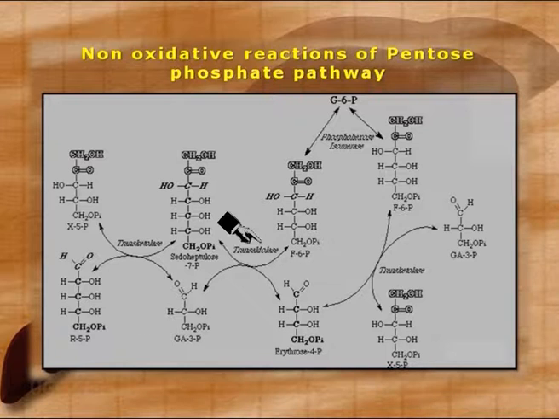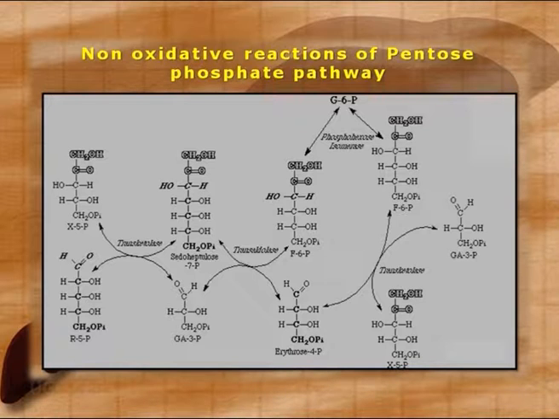Now the transaldolase catalyzes the next step. Transaldolase shifts a 3-carbon fragment called aldol group from pseudoheptulose 7-phosphate to glyceraldehyde 3-phosphate, producing one molecule of fructose 6-phosphate and a 4-carbon molecule called erythrose 4-phosphate.